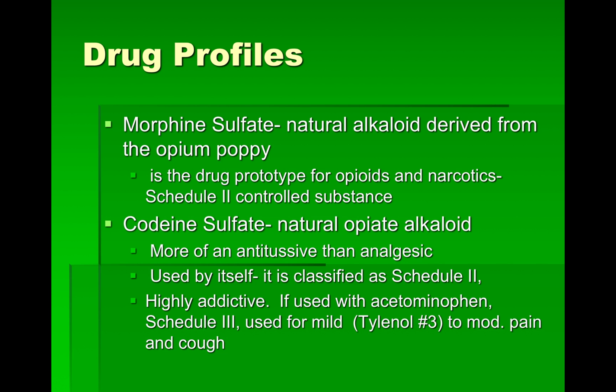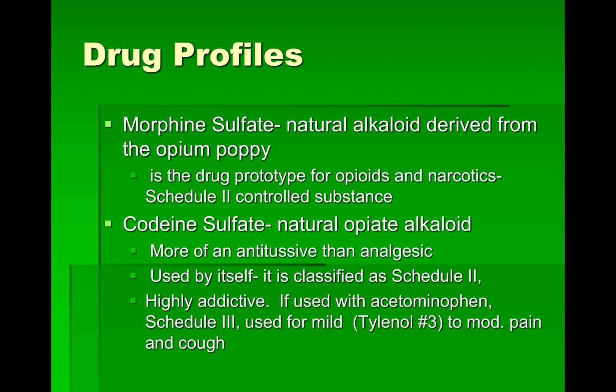As long as I'm talking about schedules, let's talk about them real quick. Schedule 1 means no current accepted medical use in the United States. It's a lack of accepted safety for use under medical supervision. I think I already went over this with you, such as heroin, LSD. Schedule 2 is high potential for abuse. So you can see morphine is a Schedule 2. And Schedule 3 is a combination of products containing less than 15 milligrams of hydrocodone.